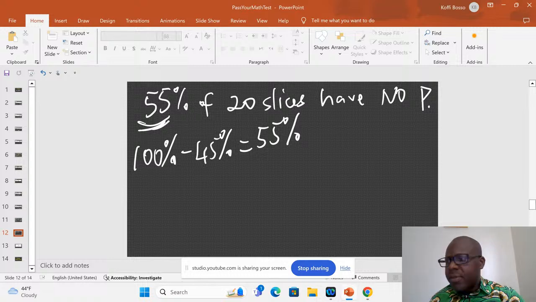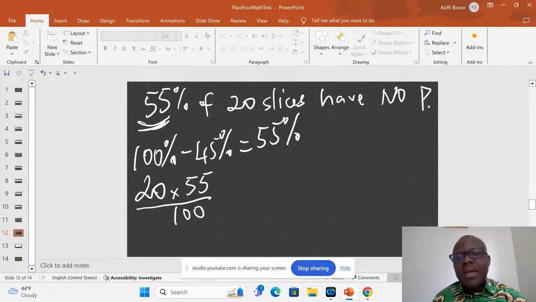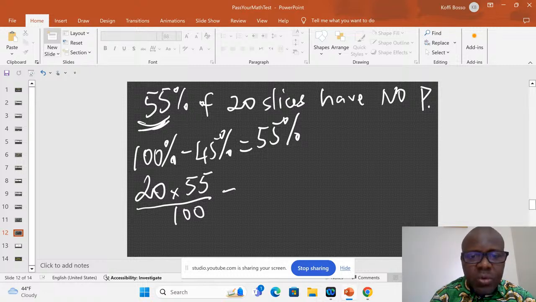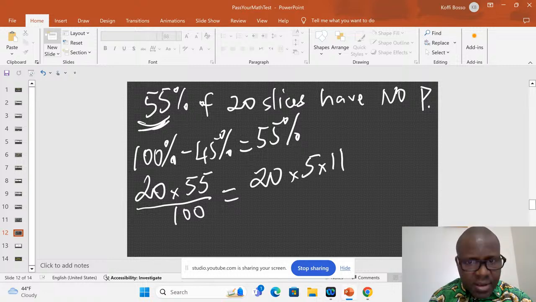Now this time, to find slices with no pepperoni, you take 20 and multiply by 55 divided by 100. Understand that 55% means 55 divided by 100, and we multiply this by 20. Now, simplify again. 20 multiplied by 55, I can break it down as 5 multiplied by 11, everything divided by 100.